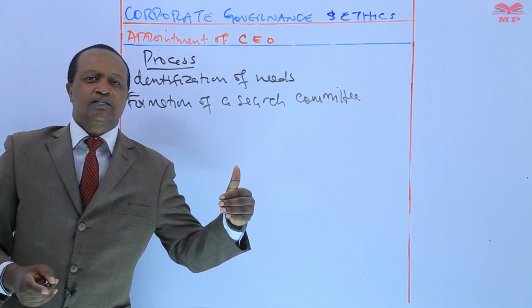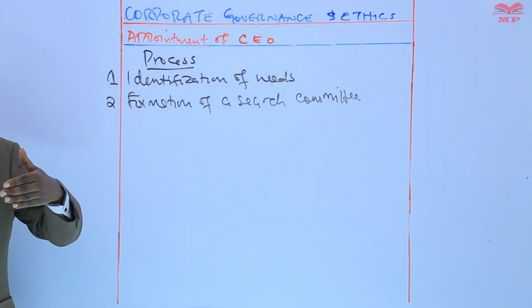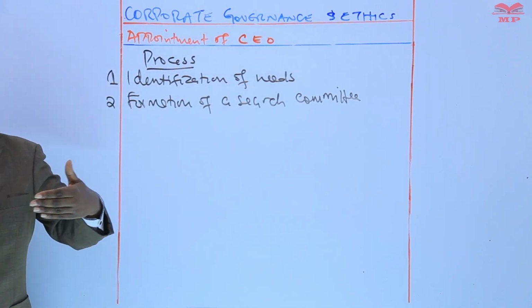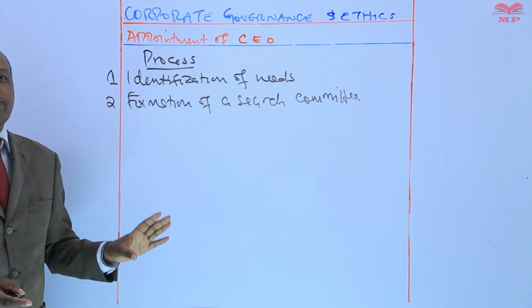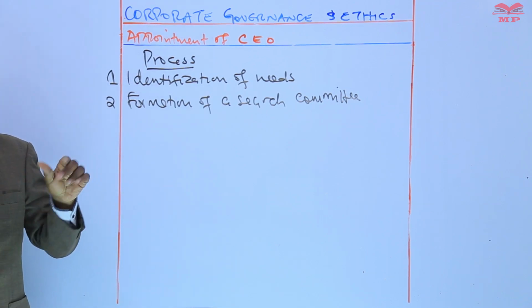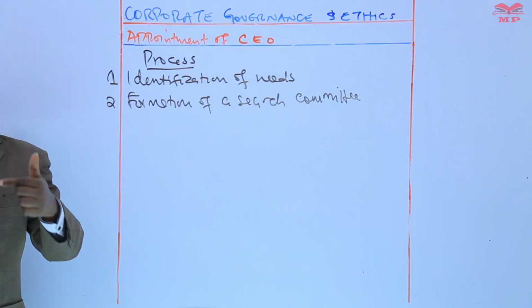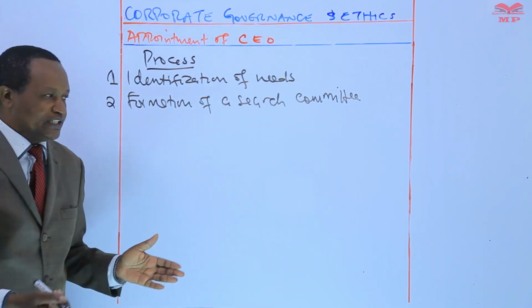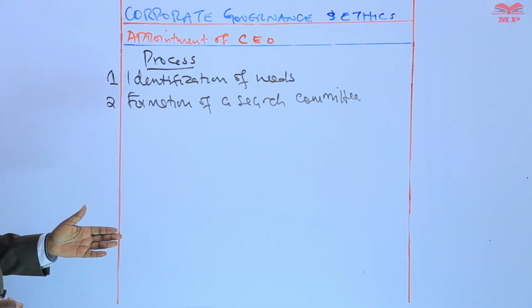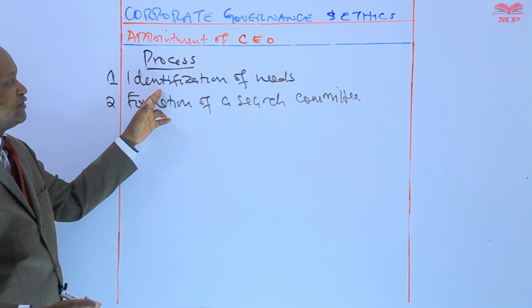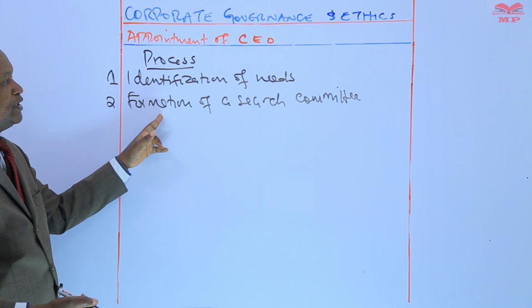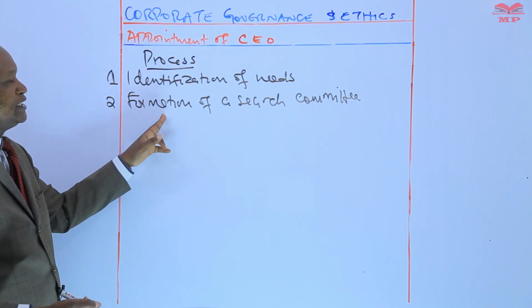So the company or committee may engage an executive search firm or external consultants in identifying and evaluating potential candidates. So there is first identification of needs, then formation of a search committee, which comprises independent directors who sit on the board.